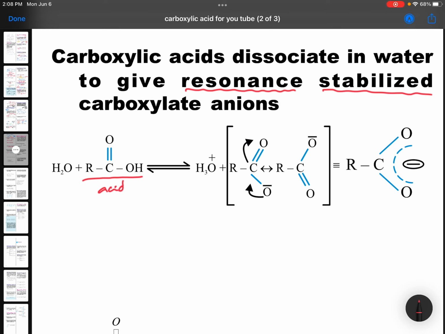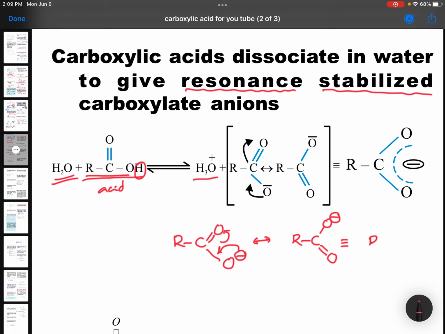It is giving one proton to this H2O, so it is becoming H3O plus, and this part is RCOO minus: RC double bond O, single bond O minus charge. It can participate in resonance, so you can see here RC O minus and double bond O. So the resonance hybrid is RC with the negative charge on both these, so we show it like this.